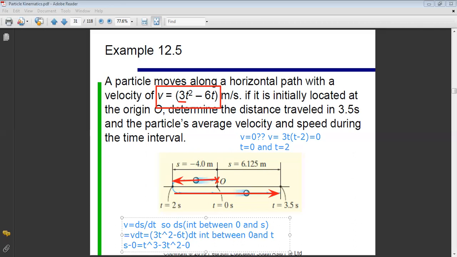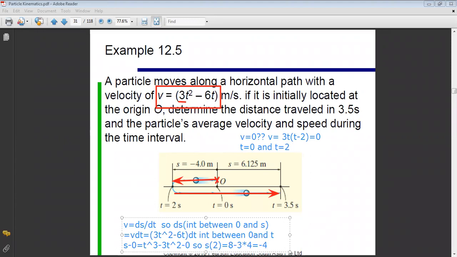If you put t equals 2 here, you can find that s at 2 seconds is 2 to the power 3, which is 8, minus 3 times 2 squared, so minus 3 times 4, which is minus 12. So you deduce that s at 2 seconds is minus 4.